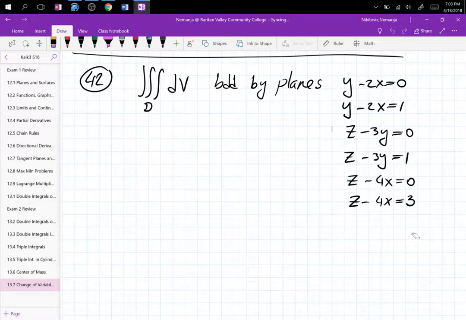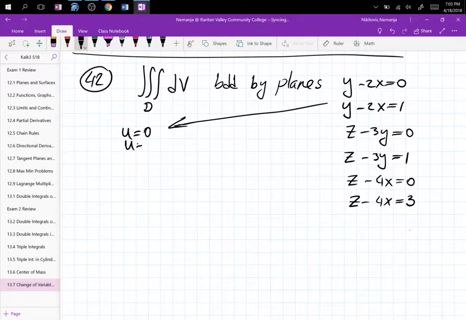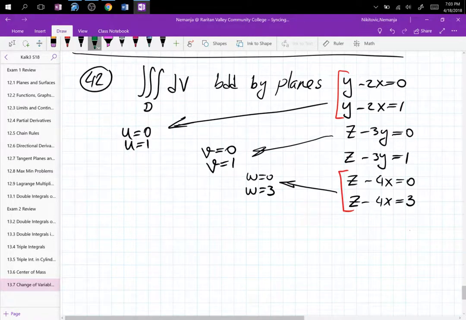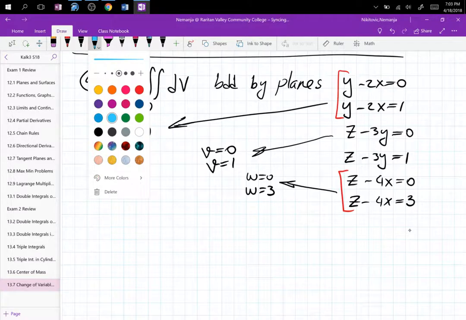So the transformation I want to use is U equals 0 and U equals 1 from that pair, and V equals 0 and V equals 1 from this pair, and W equals 0, W equals 3 from the last pair. And I'm going to actually box them off as pairs, so you know what we're talking about. I'm just going to switch this into blue today, please. Thank you.